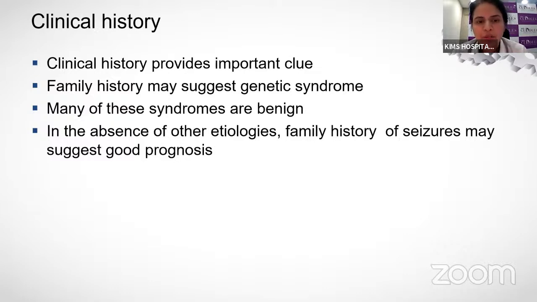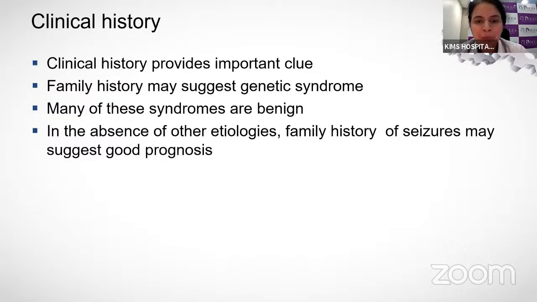In addition to the clinical evolution of seizure, one also would like to see whether seizures were associated with significant disturbance in the sensorium, which is often referred to as encephalopathy. And one would also look into certain aspects of the baby's activity, particularly the feeding history, to understand how the baby's sensorium behaved in the first few hours prior to the onset of seizures.